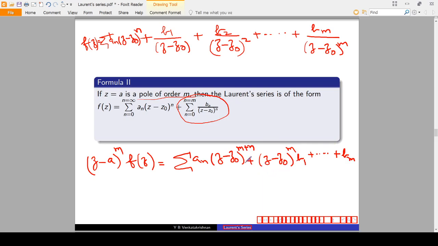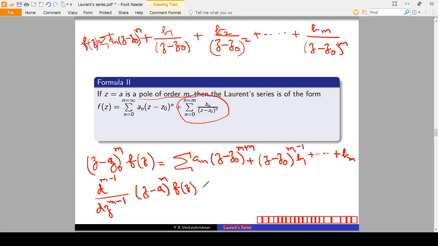So what I have to do is differentiate m minus 1 times this. Here you will have m minus 1, because already I have z minus z0 in the denominator. When I multiply this with z minus z0 whole power m, I will have z minus z0 whole power m minus 1 into b1 plus so on.